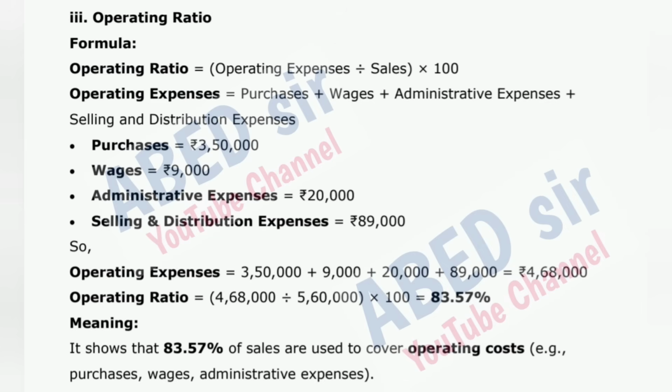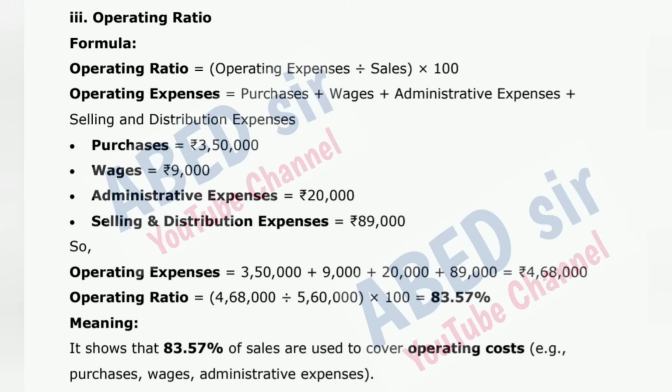3. Operating ratio. Formula: operating ratio is equal to operating expenses divided by sales times 100. Operating expenses is equal to purchases plus wages plus administrative expenses plus selling and distribution expenses. Purchases is 3,50,000 rupees.